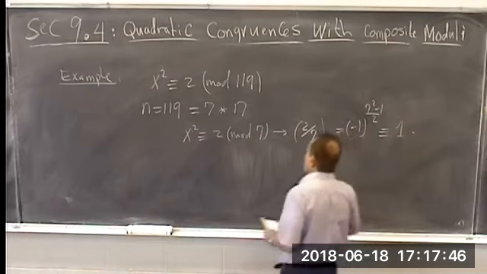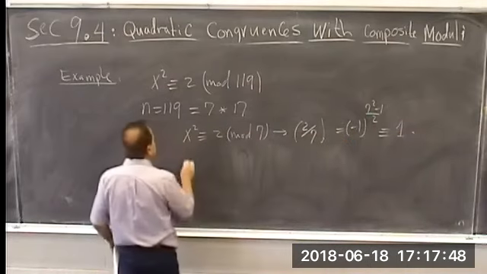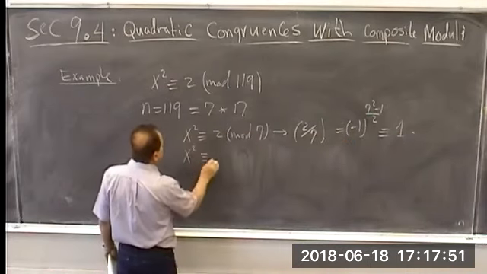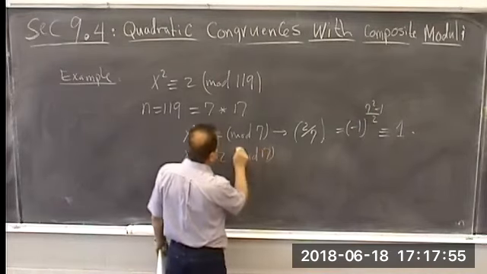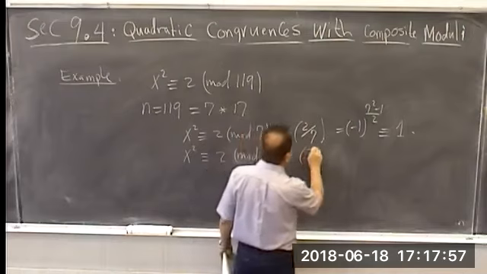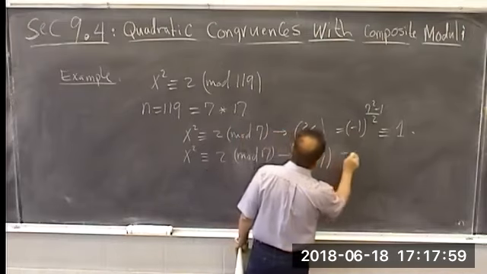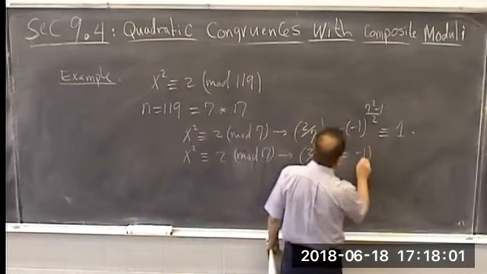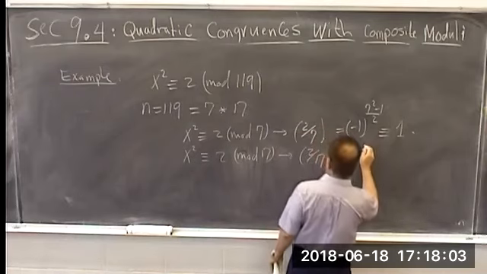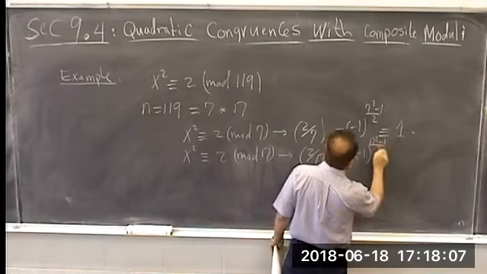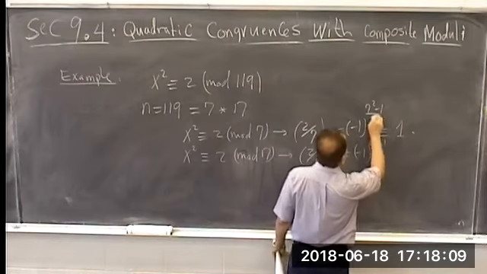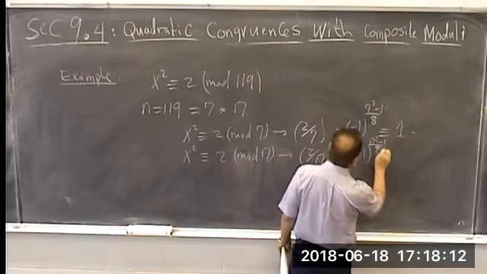Right? So this means this has a solution, and then we're going to look at x squared congruent to 2 mod 17. And again, calculate the Legendre symbol for this, which in this case is 17 squared minus 1 over 8.